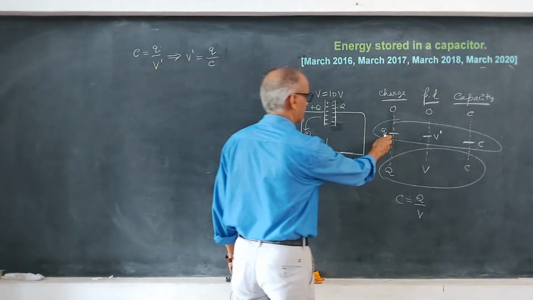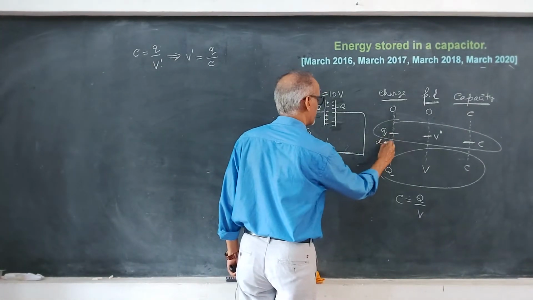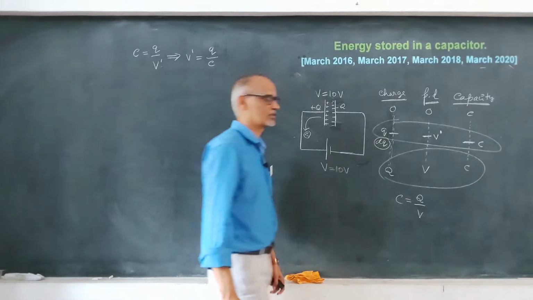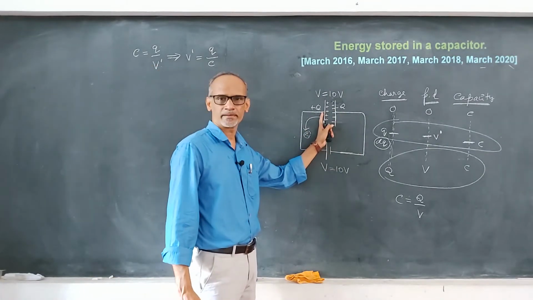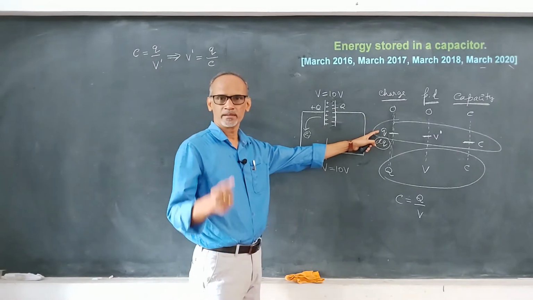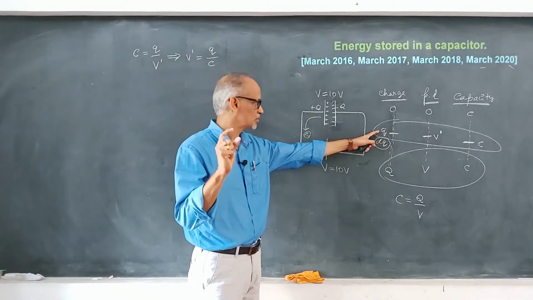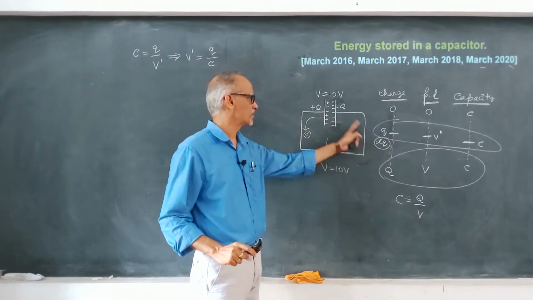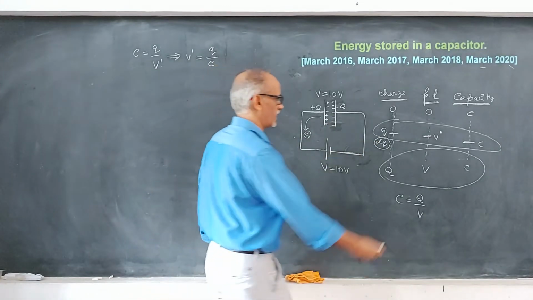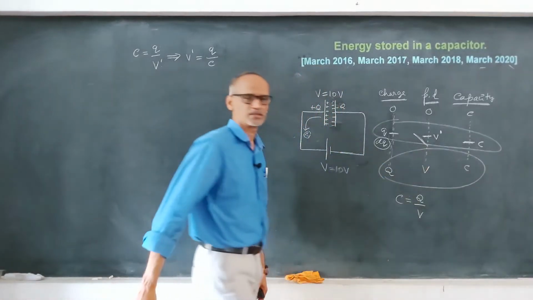Now, at this instant, let a very small amount of charge dq be further transferred by the battery. Already q is there, and in addition to q, an extra charge of dq is transferred, a very small amount of charge at this instant, when the potential is V'.